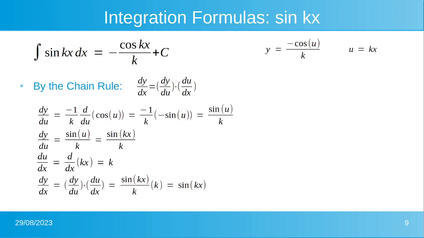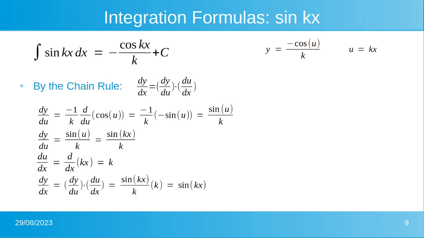So here we've got our integration formula at the top left of the screen, and on the right we have the components of our composite function. We have u is equal to kx and y is equal to minus cos u over k.